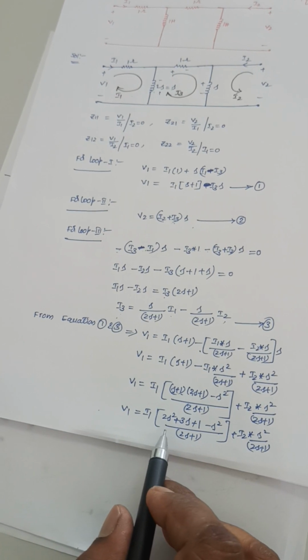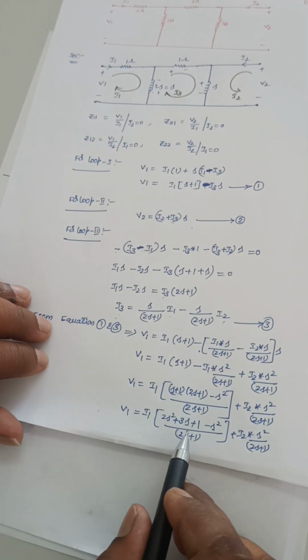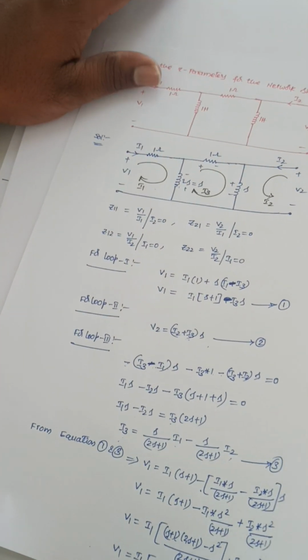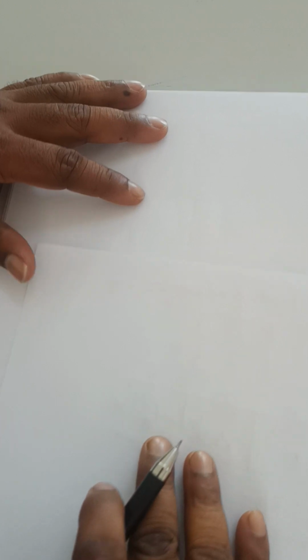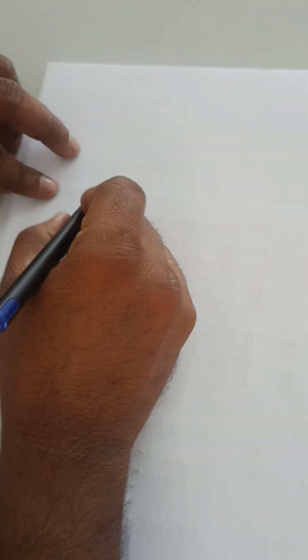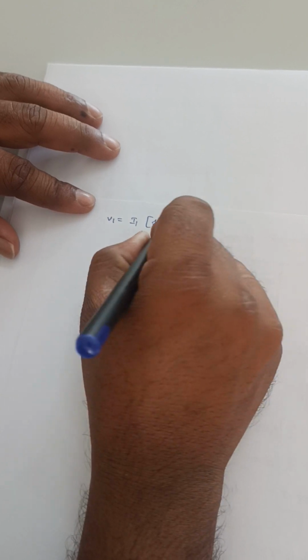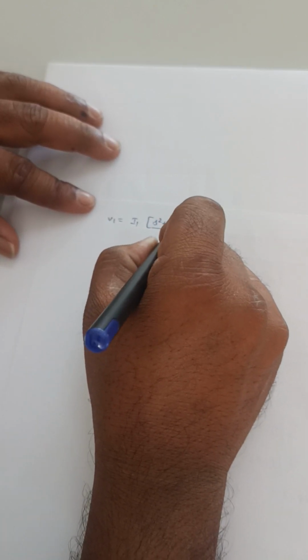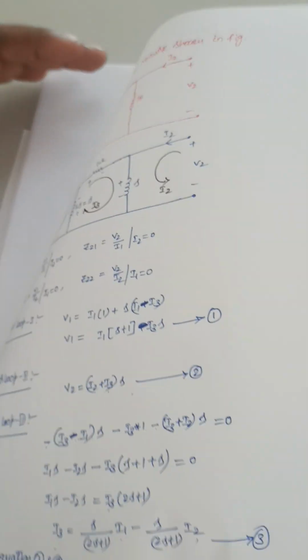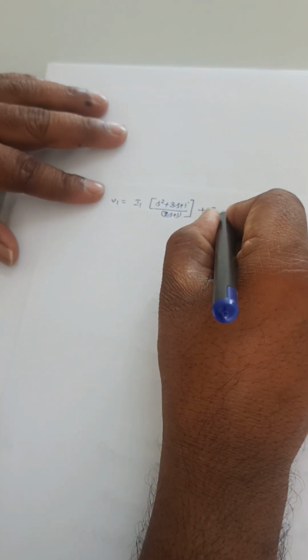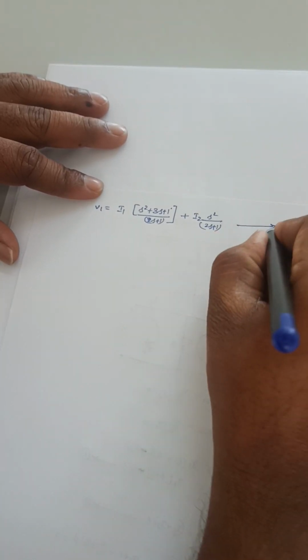So this I can write as S square plus 3S plus 1 divided by 2S plus 1. So the same expression I can write as V1 is equal to I1 into S square plus 3S plus 1 divided by 2S plus 1, plus I2 into S square divided by 2S plus 1. Let me represent this as the fourth equation.